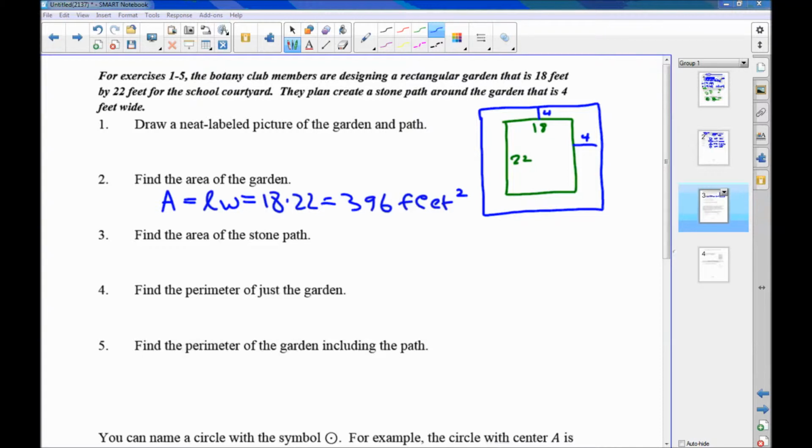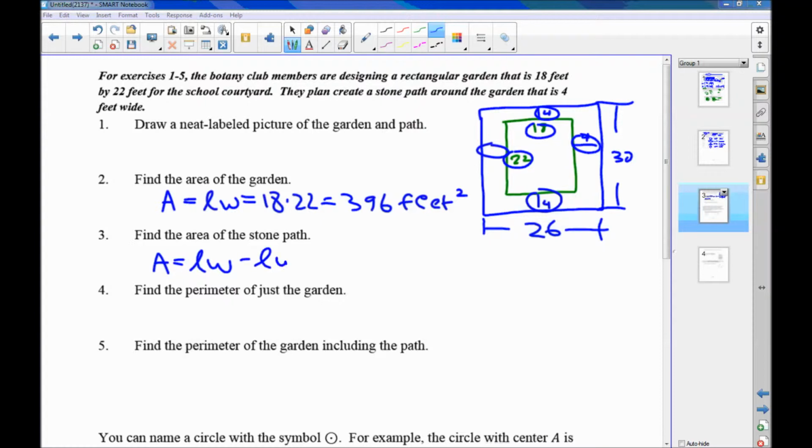Now find the area of the stone path. Now that part's a little bit trickier. The big blue part is, let's see, it's 4 here and 4 there. So this whole place from here to here is going to be 22 plus 4 plus 4. So that's 30. And the other way is found very similar. We're going to do 18 plus 4 plus a 4 over here. So 18 plus 8 is 26. So the area of the stone path is going to be the area of the whole thing minus the garden part that we don't want. That's how I'm going to go about doing it.